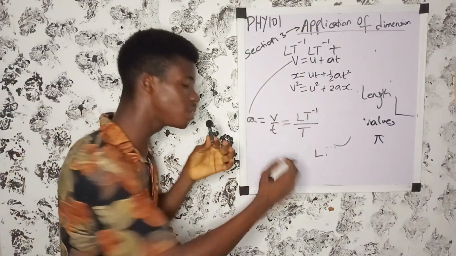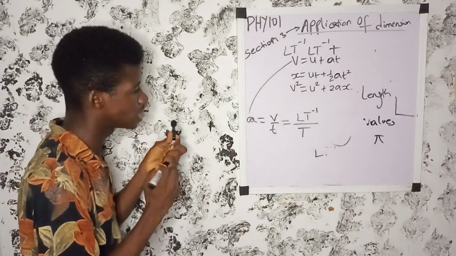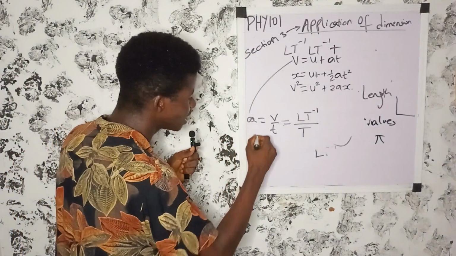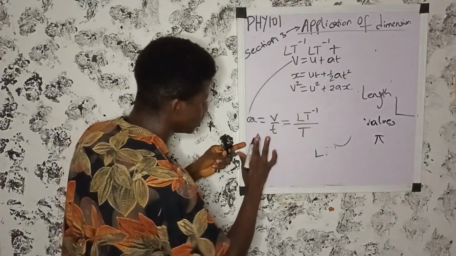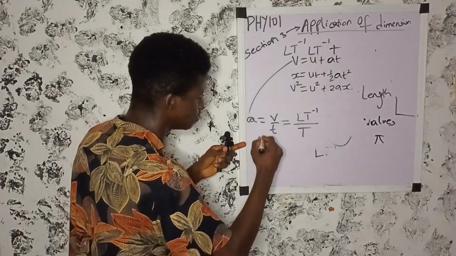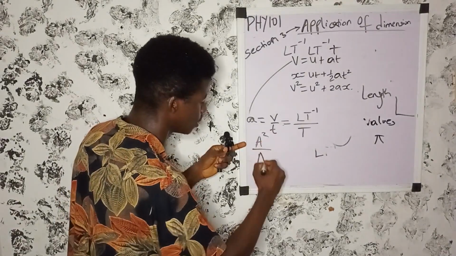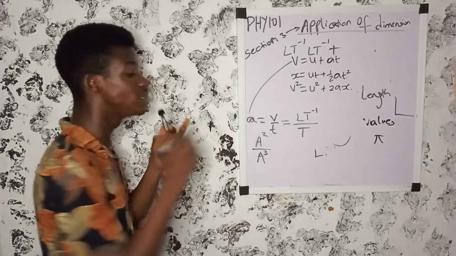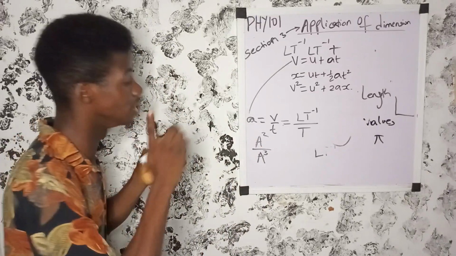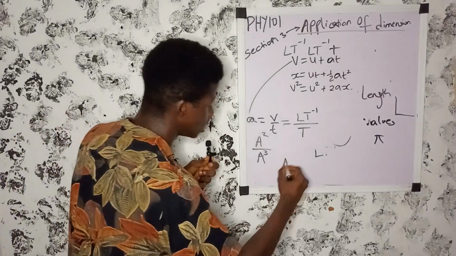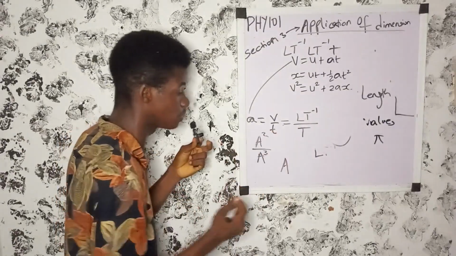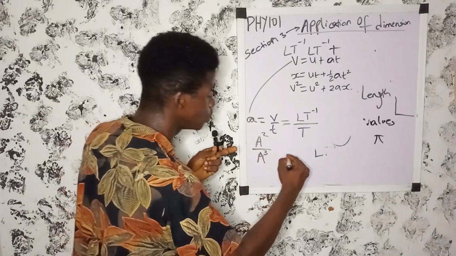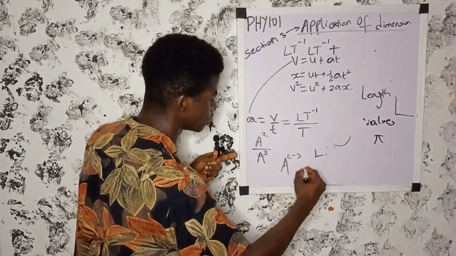Now let's go back to indices. I told you that whenever the same bases are dividing each other, you take out one of the bases, then you subtract their powers. For example, 2 minus 3 will now be A raised to the power minus 1.